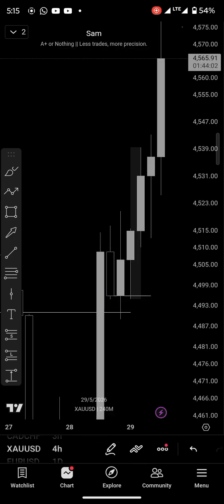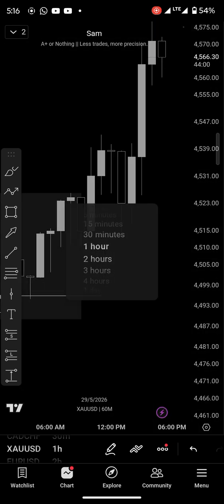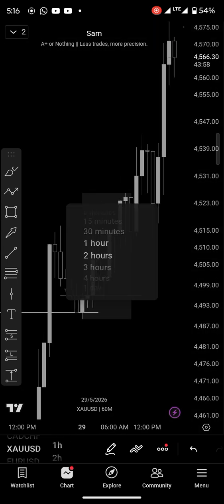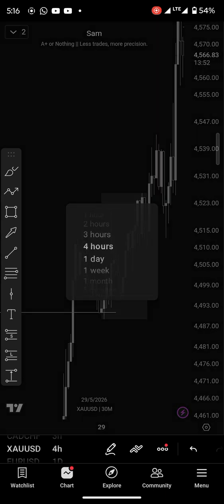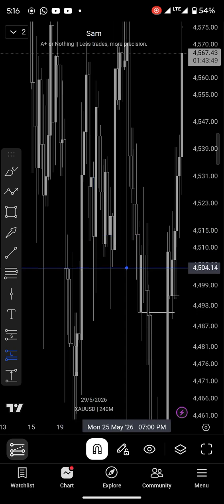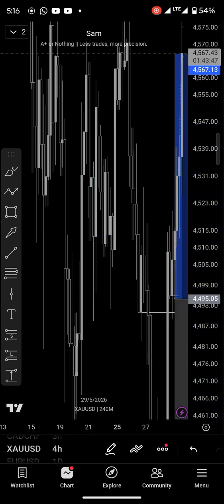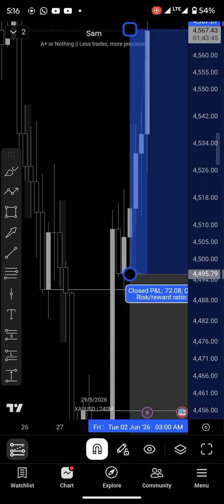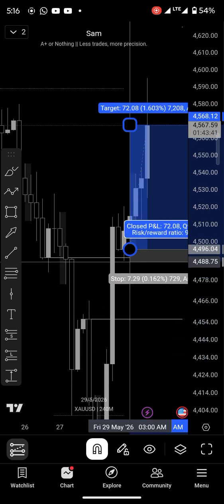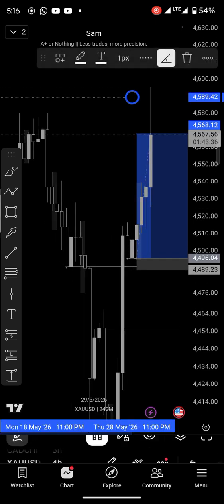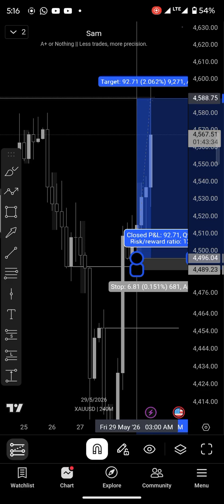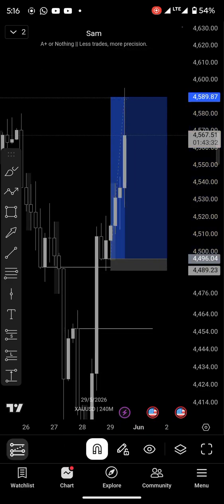Right here, this is where I would have entered the trade, directly from the H4 sweep. Stop loss is on this place, and then the target would be this daily high.